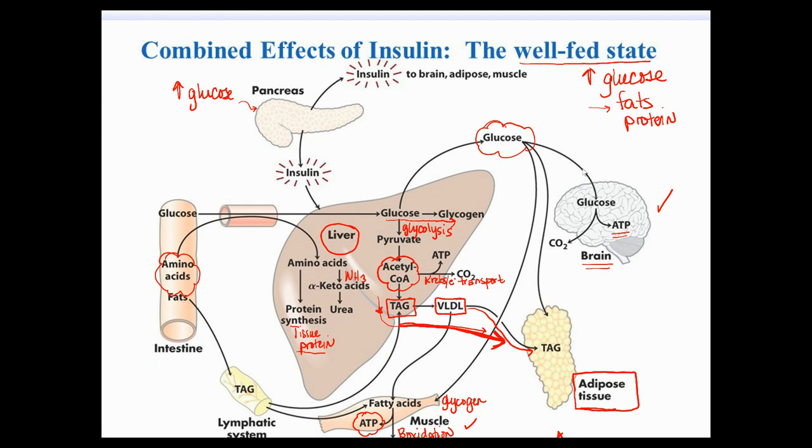This is really the best way to maintain the body from a biochemistry perspective, where all the key players are doing what they're designed to do. Glucose is important for the brain and muscle, you have some stored fats, and proteins are involved for tissue proteins.